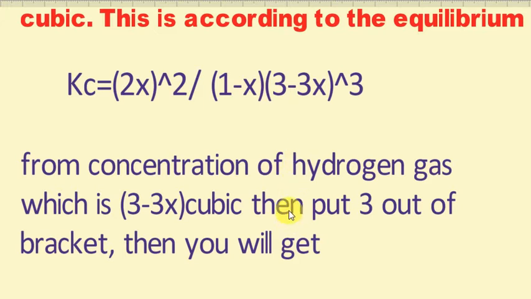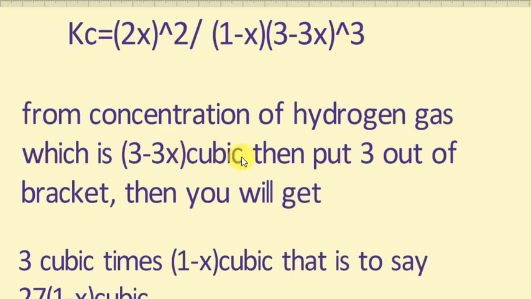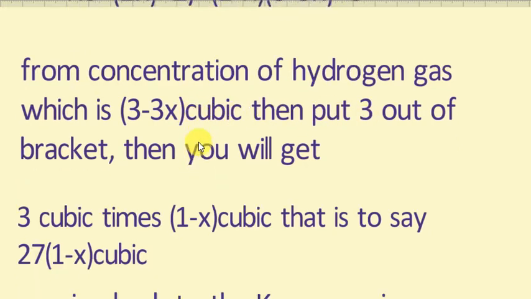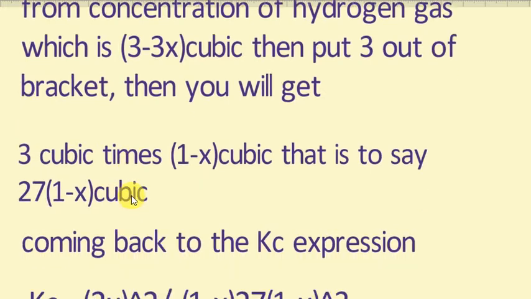You see? So from the concentration of hydrogen gas, which is (3 minus 3x) cubed, put 3 out of the bracket, then you get 3 cubed times (1 minus x) cubed, that is 27 times (1 minus x) cubed. That is what we get there.